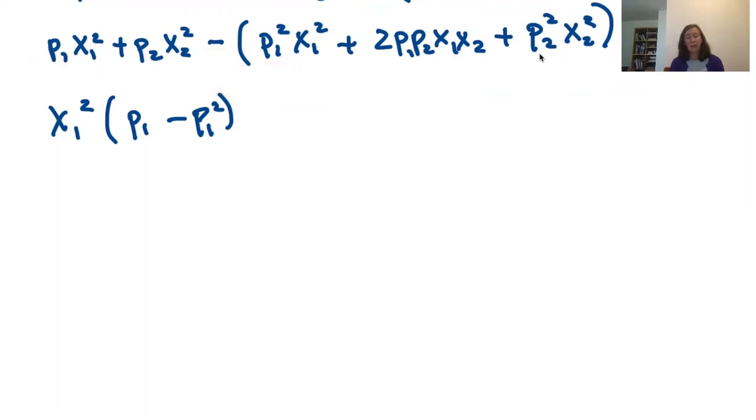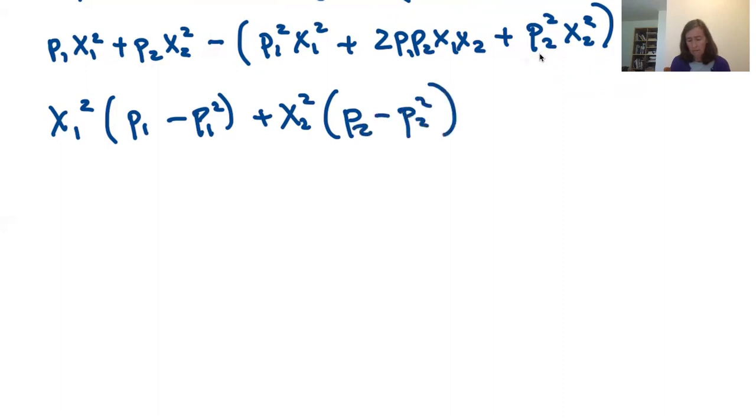I'm being careful about that negative sign there. Good. And same for the x2 squared term. X2 squared, I've got a p2 here and a negative p2 squared, p2 minus p2 squared.